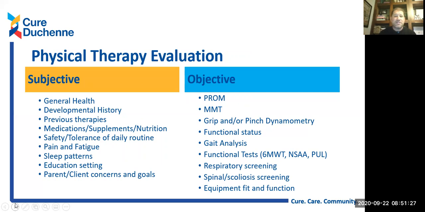This is a lot of times overlooked, and it's a little bit more difficult in the younger kids for them to verbalize this, but is the child having any pain anywhere? What does the fatigue look like? Are they falling asleep as soon as they get home from school? Are they falling asleep in school? What do their sleep patterns look like? Are they sleeping throughout the night? Do we need to try to get a sleep study? Are they getting some airway obstruction where we need to address that?